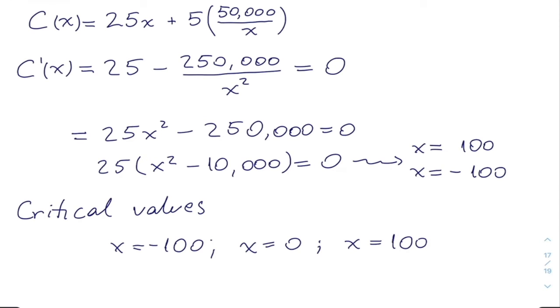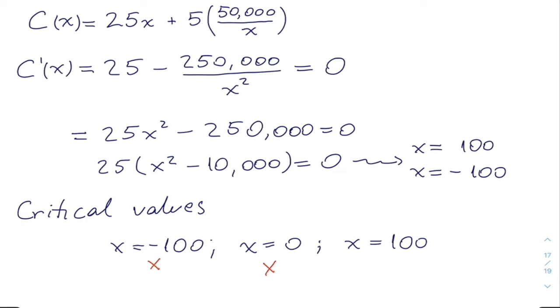Now that we found the critical values, we need to decide which of those are relevant to our problem. So of course the dimension of our pasture cannot be negative 100, and also it cannot be x equals 0. There is no way of enclosing an area if one of your dimensions is equal to 0.